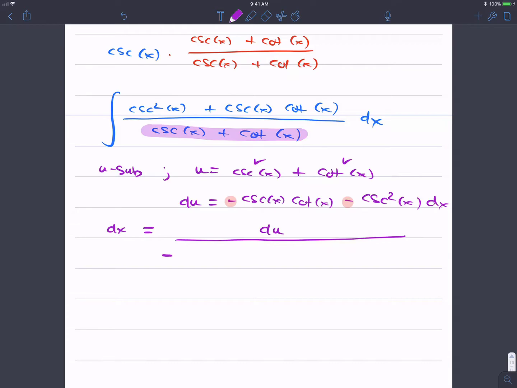So that's going to be minus now cosecant cotangent plus cosecant squared x. If we factor out that negative 1 here, the negative sign is outside here now. Now this is what we're going to use here for our dx. Now remember, this can also be done another way. Okay? We can go back up here.